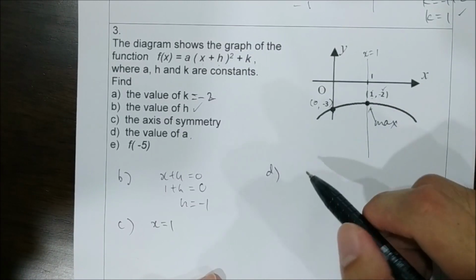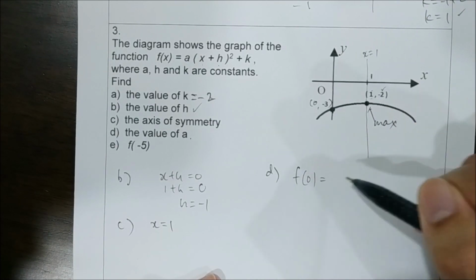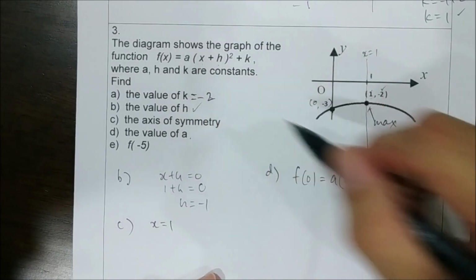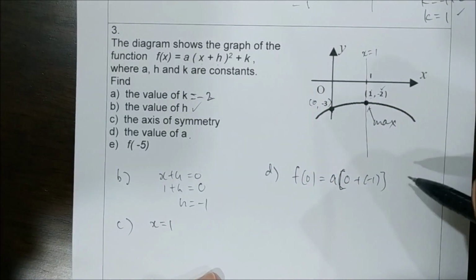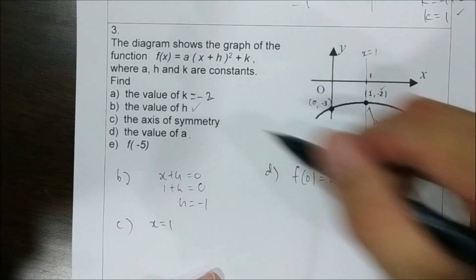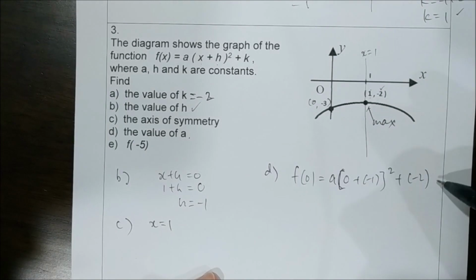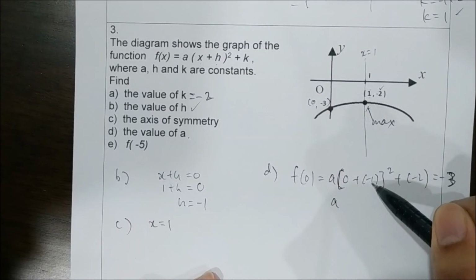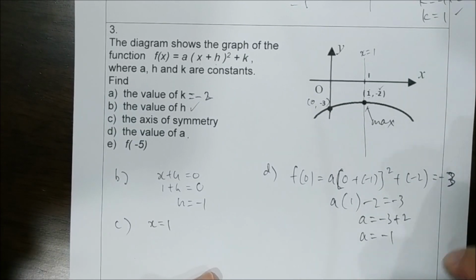So if we take this point, we get f, the x here is 0. So you get a(0 plus h, which is negative 1) squared, plus k, we get the value of negative 2. And the whole thing here is equal to negative 3. We try to solve this, we get a is negative 1.